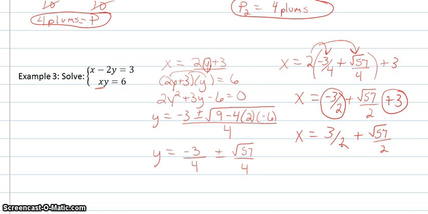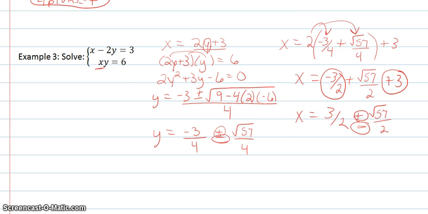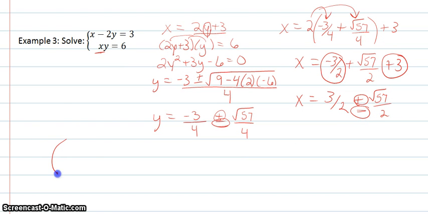So we have our two answers basically, because when I put in a positive, I'll get positive here, and when I put in the negative, then that would be negative. Okay, so I'll list those out together. So for 1 point, I have positive 3 over 2 plus the square root of 57 over 2, and that's my x. And then my y is negative 3 over 4 plus the square root of 57 over 4.